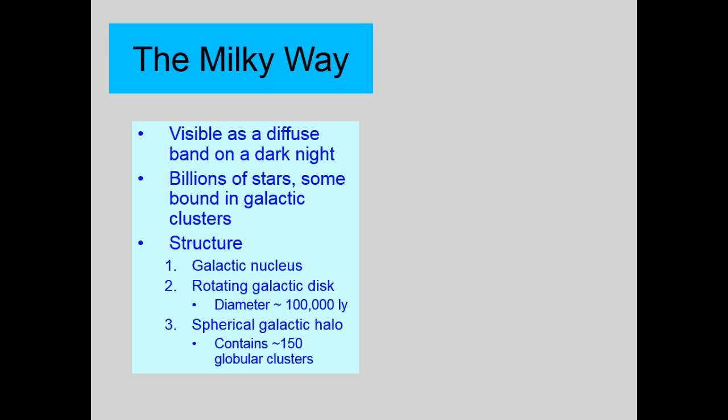Okay, so let's look at the Milky Way galaxy. That's where we live. Now, on a very clear, dark night, when you're not in a bunch of light pollution, if you look up there you see this diffuse band that goes across the sky, and I have seen this on the farm, I'm not sure I've ever seen it in town.